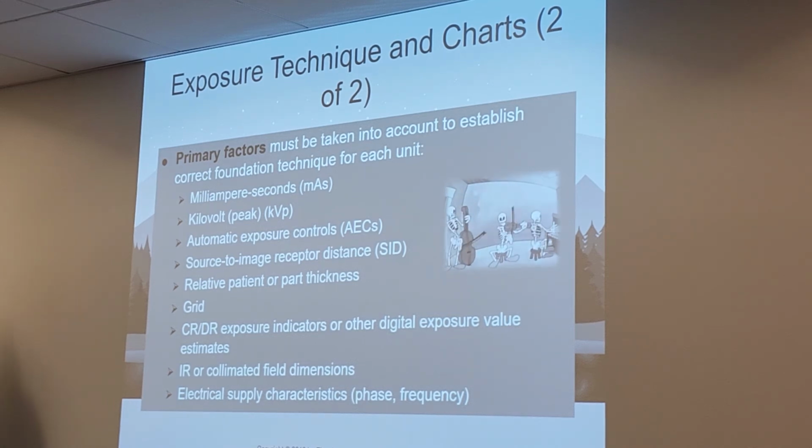What does it mean by relative patient? Relative patient or part thickness. That's what we just talked about, right? So in this case, we kind of expect a foot to be a certain size for the average patient. We expect a chest to be a certain size for the average patient. But maybe the chest is a bit bigger than average. Maybe it's a bit smaller than average.